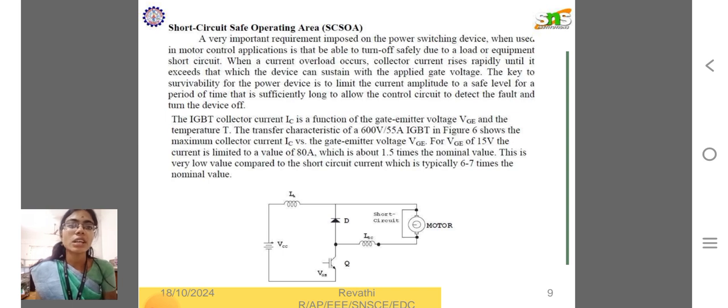The key to survivability for the power device is to limit the current amplitude to a safe level for a period of time sufficiently long to allow the control circuit to detect the fault and turn the device off. The IGBT collector current IC is a function of the gate emitter voltage and the temperature T.